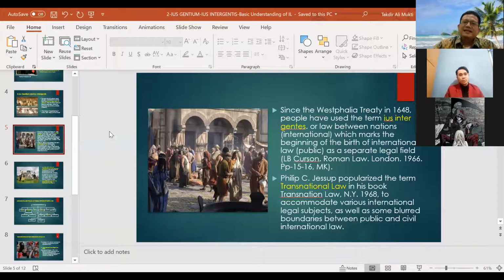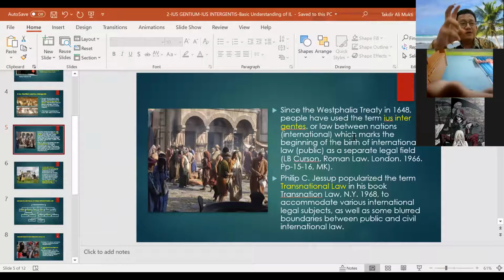Okay, so in the Westphalia Treaty, the suggestion from Grotius about the subject of international law from non-state actors was recognized in this agreement.